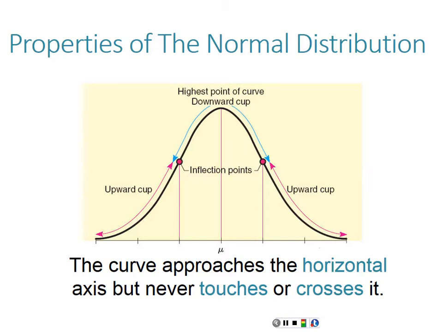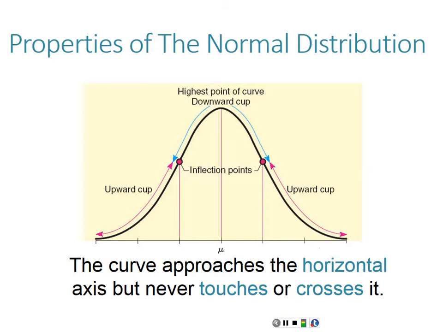The third property that's important to you is that the curve never touches the horizontal axis. It approaches the horizontal axis, but it never touches it, and it never crosses it. It just gets closer and closer and closer to it. Okay? But there are no x-intercepts.